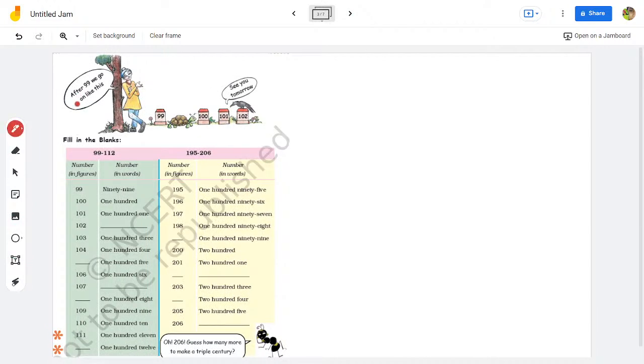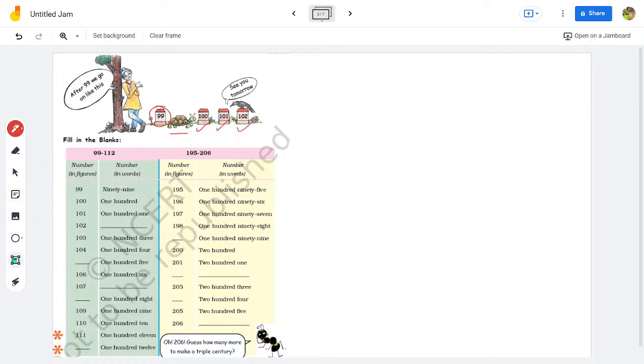After 99 we go on like this. See, this is 99 and this tortoise is walking. So after 99 he would get to 100. Then it would go 101, 102.